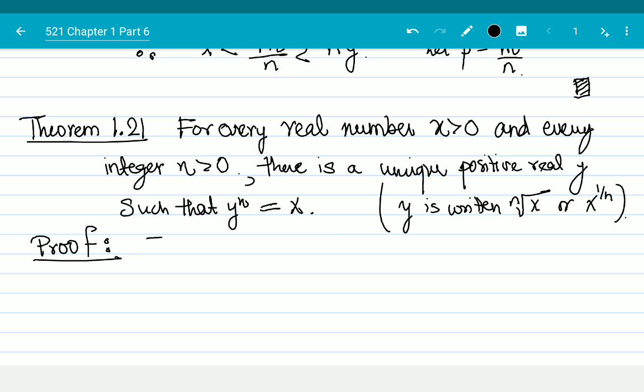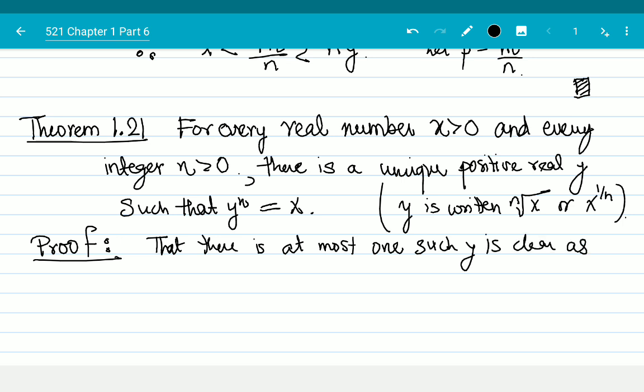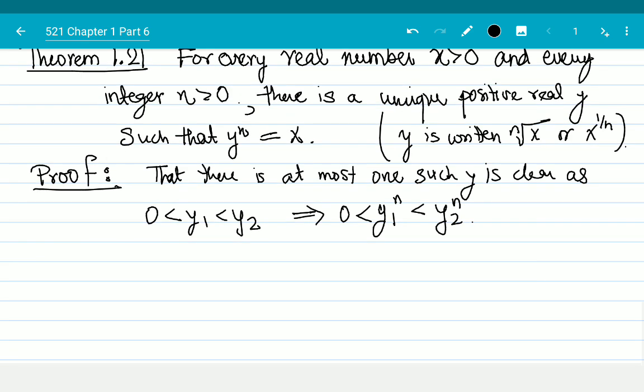That there is at most one such y is clear, as 0 smaller than y1 smaller than y2 implies 0 smaller than y1 to the n smaller than y2 to the n, and since this is an ordered field, every two numbers are comparable. There is a total order. If there were two such y's, one of them would have to be larger than the other.